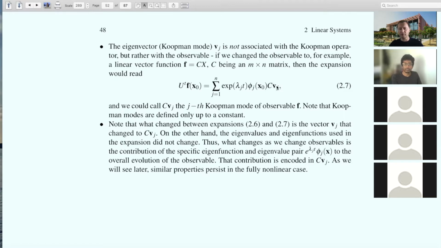So the Koopman modes really change with the observable. The matrix C plays a role in describing the observable that, I should emphasize, is linear in state.